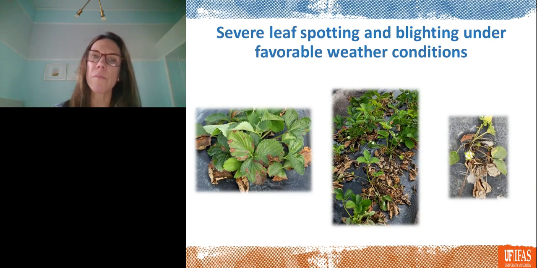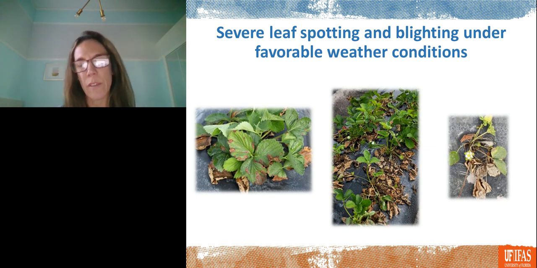This spot, especially under severe weather conditions, develops very quickly to blight a lot of leaves, and all the leaves that you can see in the picture in the middle were blighted by this disease.